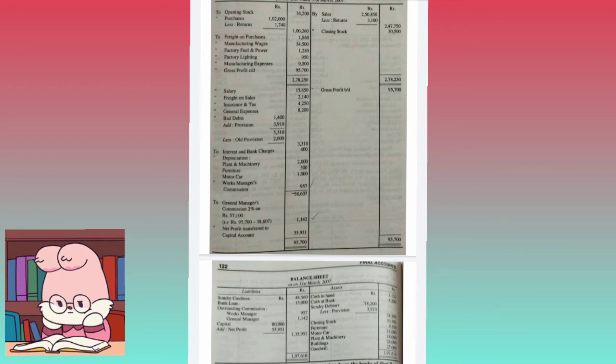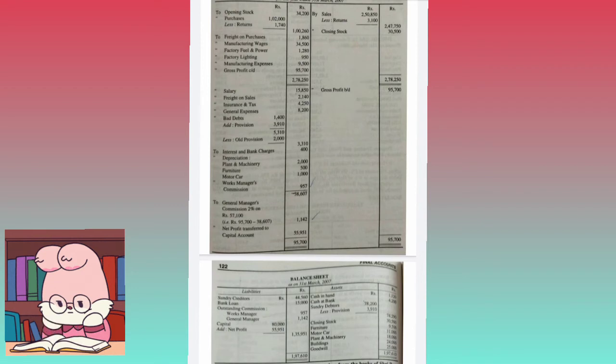On the credit side, we have taken the old provision also, right? Provision for bad debts credit balance they have given, so that is to be added, or it should be deducted from the bad debts balance. Okay, I will add this amount on the credit side.